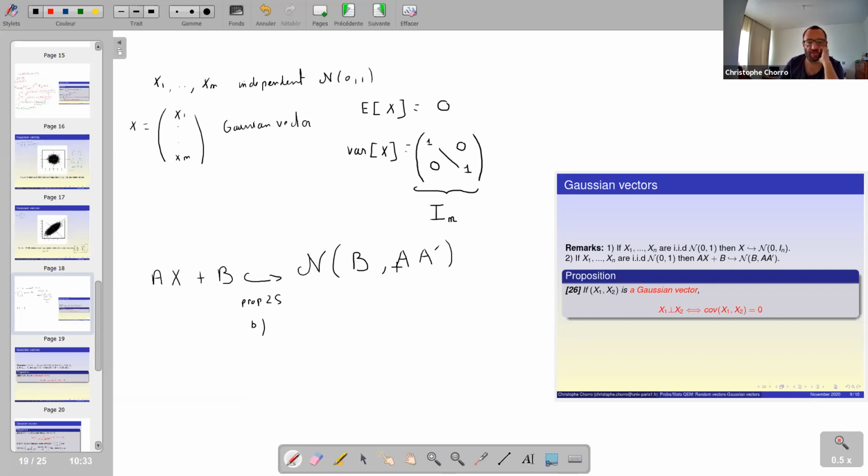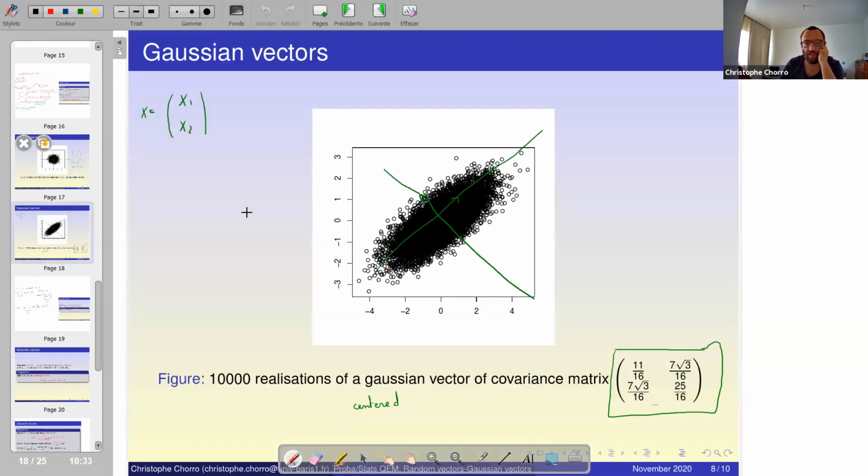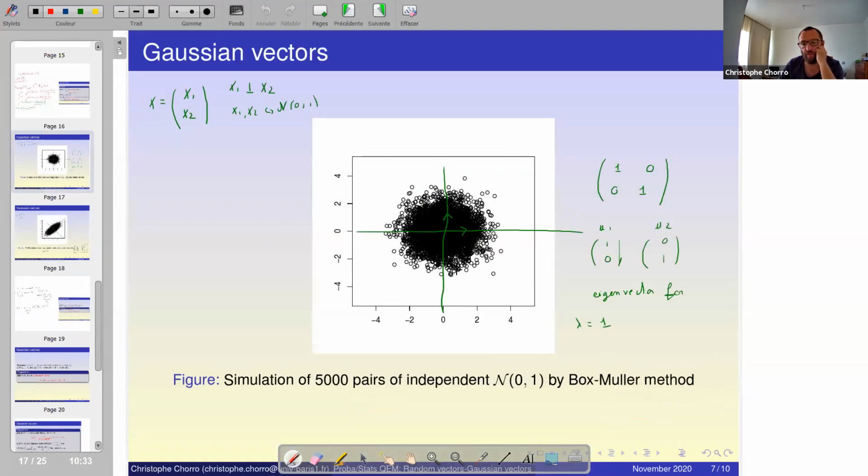Just a remark concerning this one, because more than the result that is very basic to prove, there is a consequence of this proposition that will explain how I have plotted this one. I have explained to you how I plotted the previous one using the result of exercise 4 of list 6 of exercises, using the Box-Muller methodology in order to obtain from two independent uniform variables two independent N(0, 1).